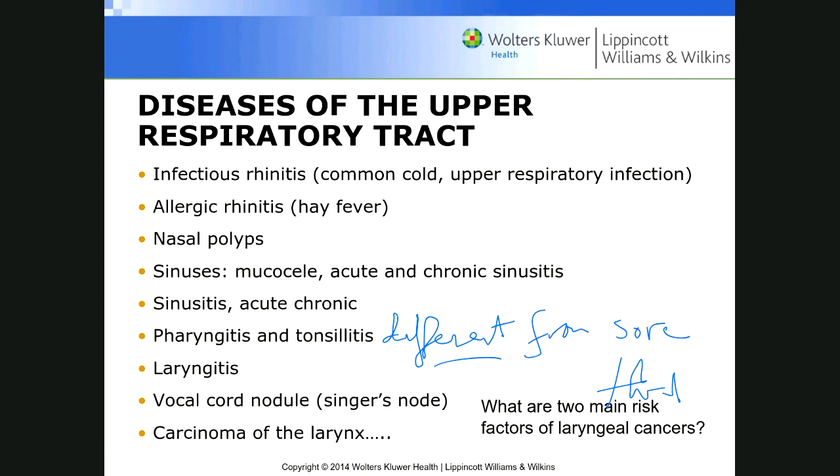You have a sore throat; that's pharyngitis. Pharyngitis is a sore throat. It's the same. What I'm thinking about is strep throat.